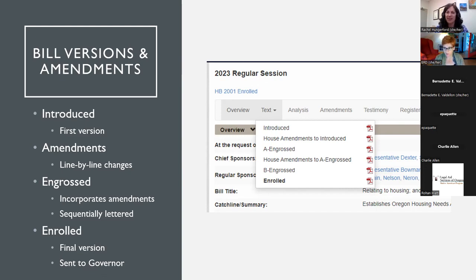Can I just jump in briefly there and make a plug for looking at the full amendment history, just because sometimes, particularly if it's a somewhat contentious bill, there will be amendments that are trying to make the statute say something in particular.